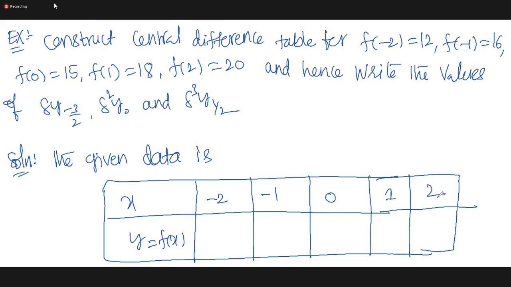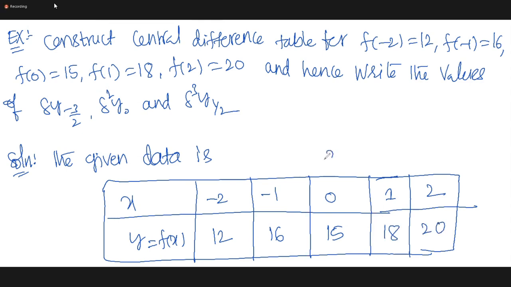What is f of minus 2 value? At x equal to minus 2, y is equal to f of minus 2. What is f of minus 2? 12. At x is equal to minus 1, y is equal to f of minus 1, 16. At x is equal to 0, what is f of 0? 15. At x equal to 1, what is f of 1? 18. At x equal to 2, f of 2 is 20.